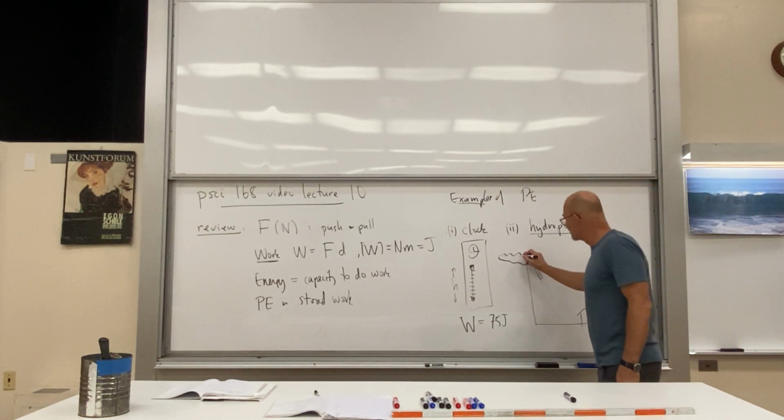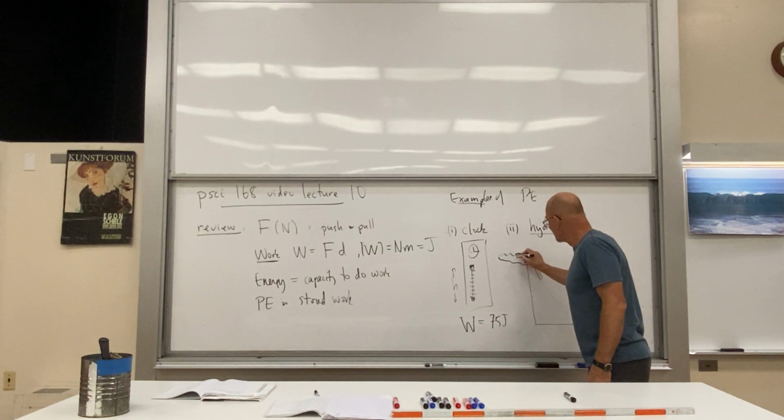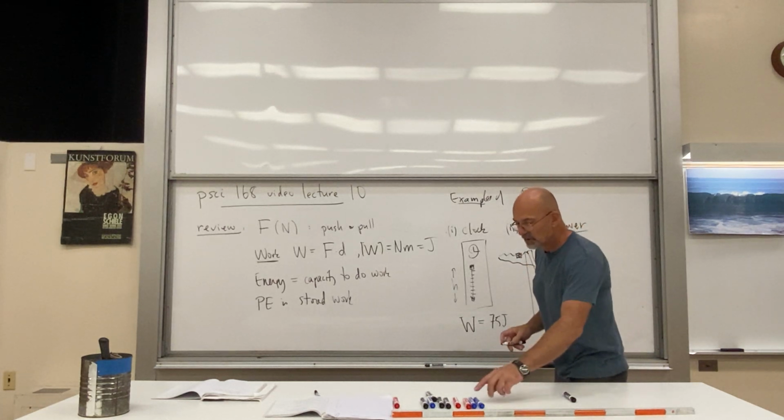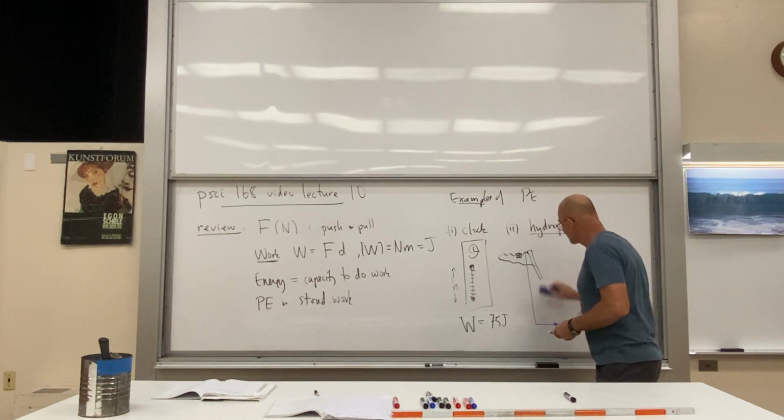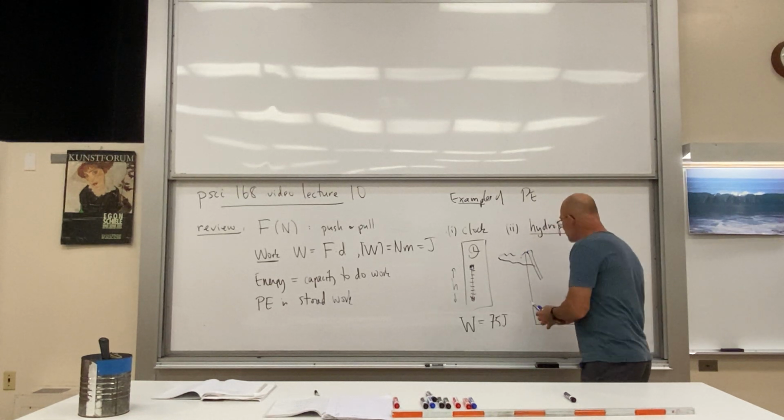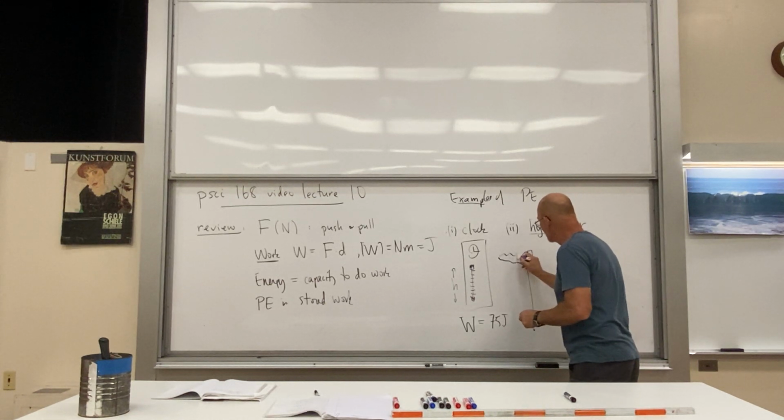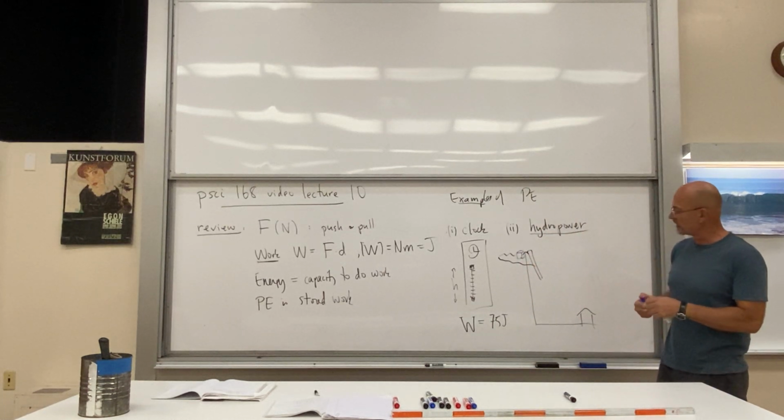So the difference, here, let me use blue. Let's imagine we have a cubic meter of water. Of course, there are many, many cubic meters of water in a lake.